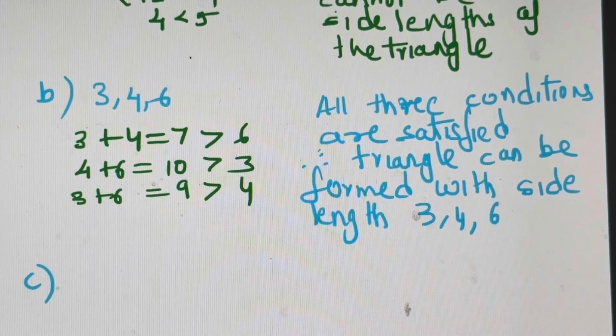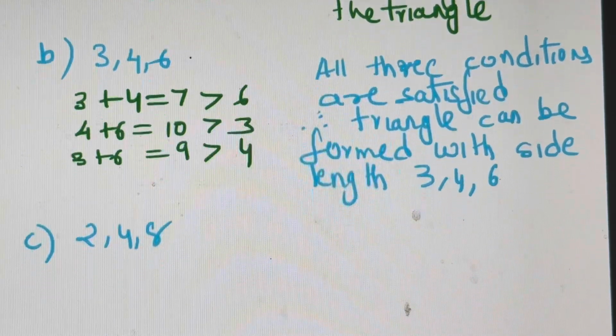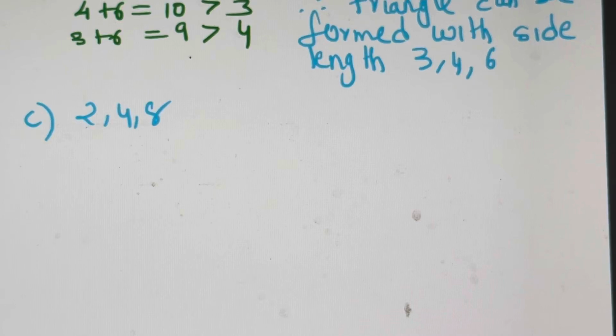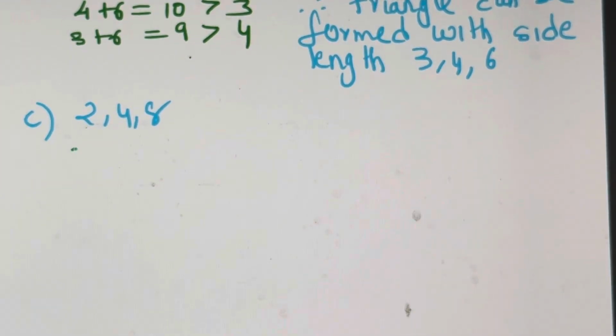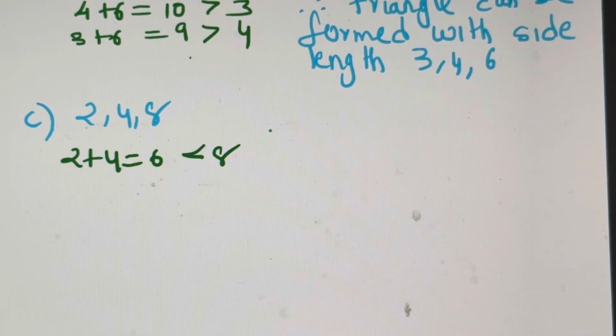In C the lengths are 2, 4 and 8. Now, if we add the first two sides, 2 plus 4 is 6. That's less than 8, right?